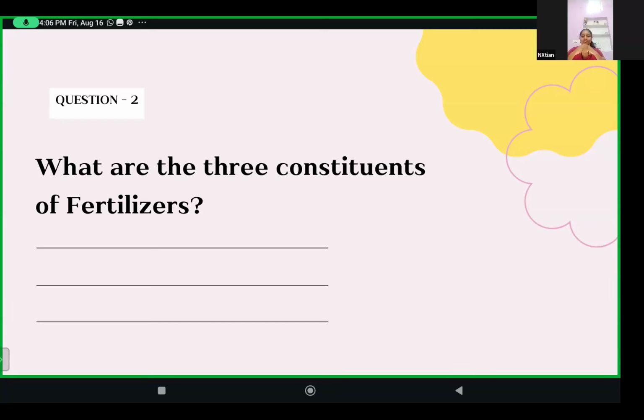Even if you know two, you can try. Give it a try. What do you mean by constituents? Constituents means the three things that fertilizers have in it. Yes ma'am, I know one. Okay, go for it. It's nitrogen. Nitrogen is one constituent of fertilizer.